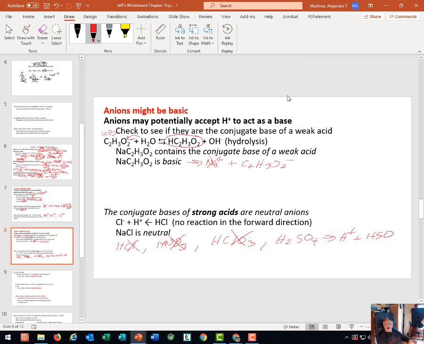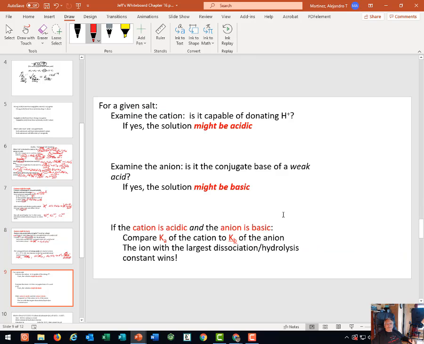Here is the conjugate base of the strong acid. This is sulfuric acid, and so you won't have to worry about it because it's the conjugate base of a strong acid, and so it's either neutral or perhaps even slightly acidic itself, but we'll just say neutral. Okay? So the conjugate base of a strong acid is a neutral base. It's not basic at all.